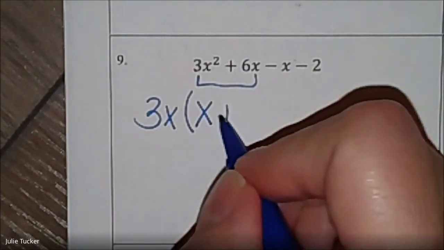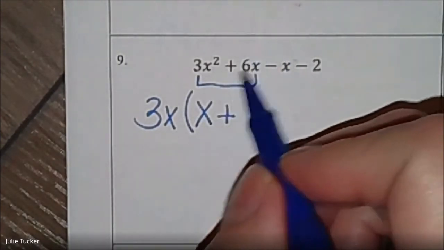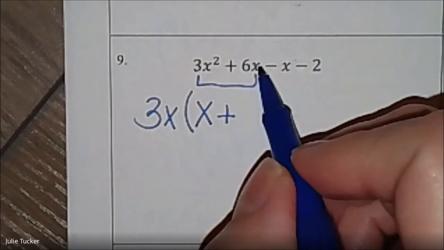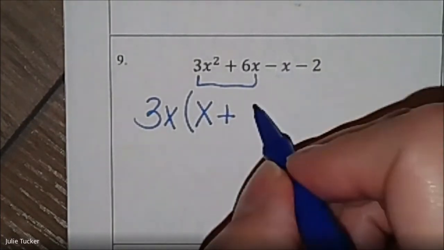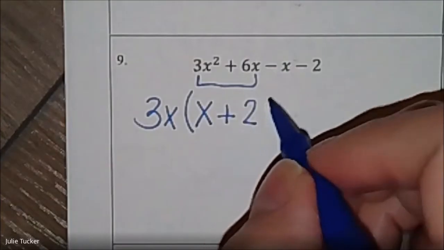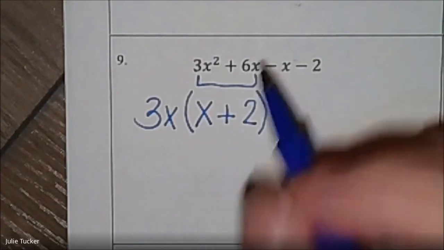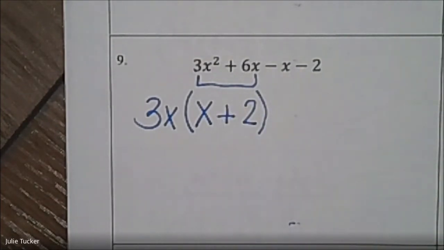And then for the next term, 3x into 6x is 2. You're multiplying. Your brain is thinking backwards. You're stuck. We're not multiplying. We're factoring. So what we're trying to do is work backwards. We're trying to divide.